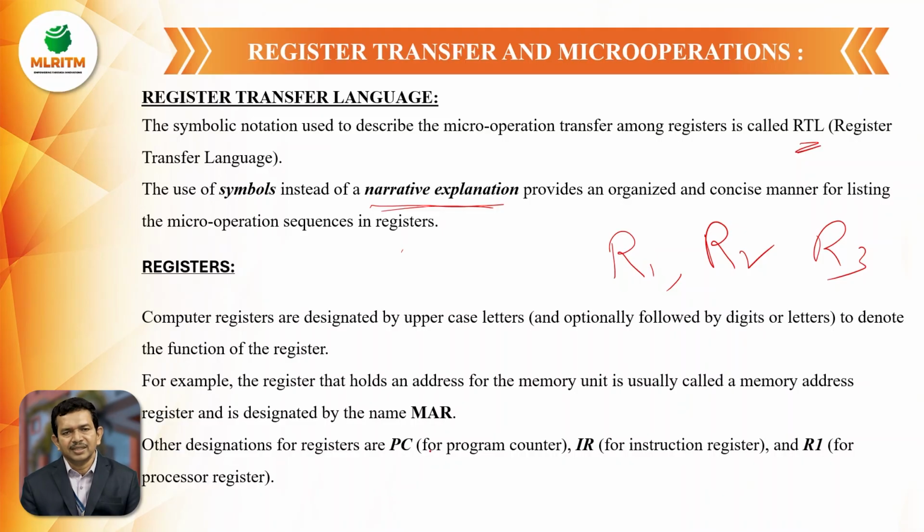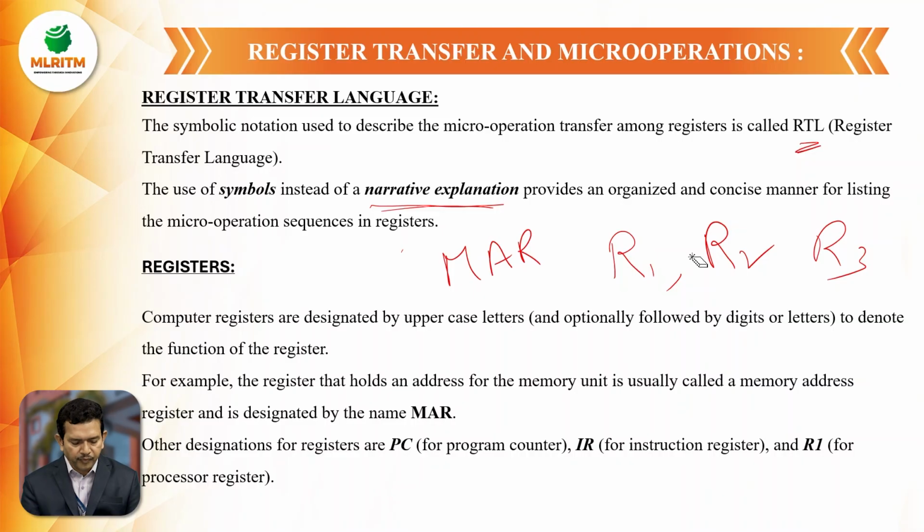These registers are designated by MAR, the memory address register, because they are stored in the memory unit. Likewise, we have n number of registers which are stored in a digital component.